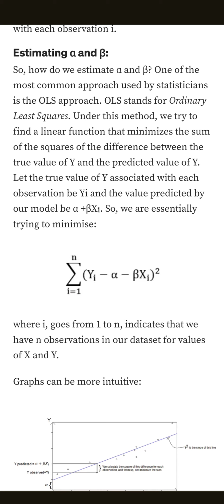Where i goes from 1 to n indicates that we have n observations for our data set for values of big X and big Y. And notice I didn't say open parentheses after the summation.